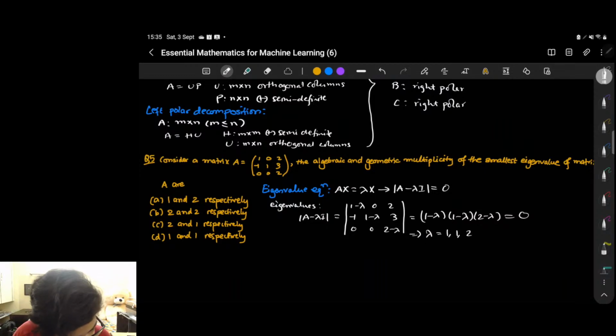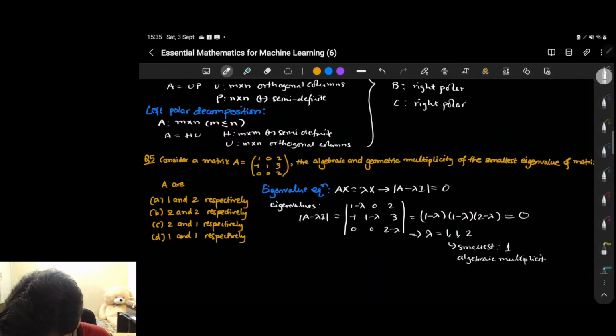So that means the smallest eigenvalue is 1 and it has an algebraic multiplicity of 2. Why? Because it is the number of times it is being repeated. So 1 is being repeated 2 times and that's why its algebraic multiplicity is 2.